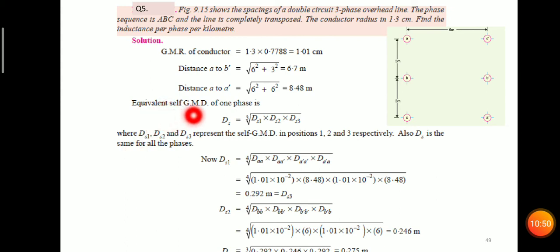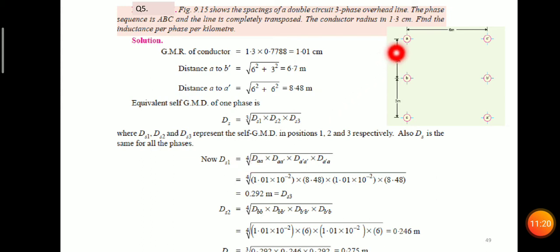The equivalent self GMD of one phase is the cube root of Ds1, Ds2, Ds3, where Ds1, Ds2, Ds3 represent the self GMD in positions 1, 2, 3 respectively. Ds1 is for the first phase, which consists of A and A dash.